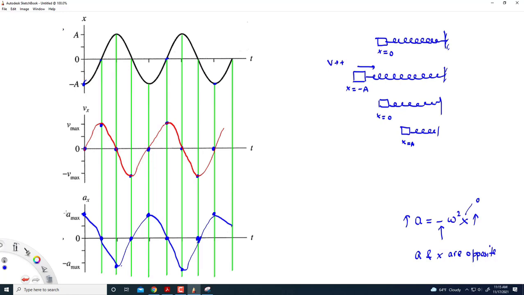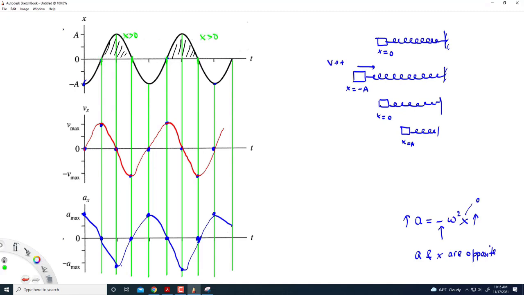Now let's look at A. When x is greater than 0, x is greater than 0 is this part. So for this part, you see x is greater than 0, it's on the above part. This is also a part where x is greater than 0. So during this time, from here to here and from here to here, x is greater than 0.